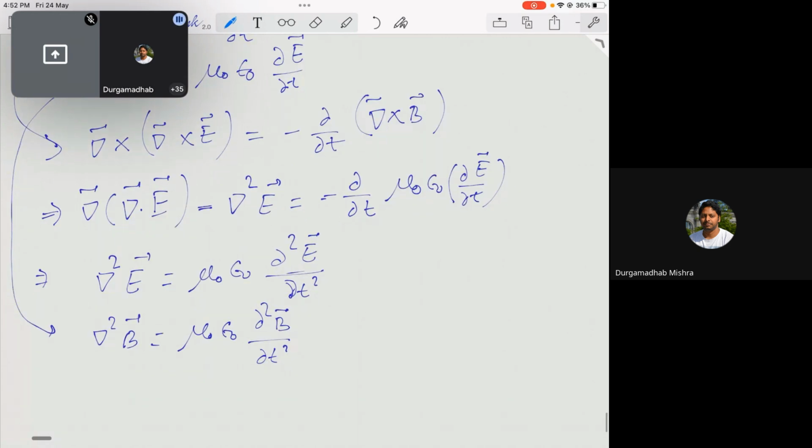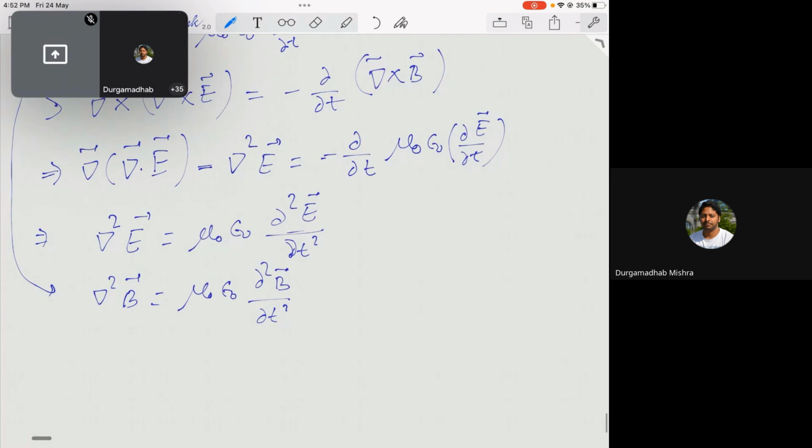If you look carefully, this looks quite similar to an equation you have come across, particularly what is known as the wave equation. A wave equation, which you can write as del square F or del square psi, whatever you want to write, is equal to 1 by v square into del square F by del t square.